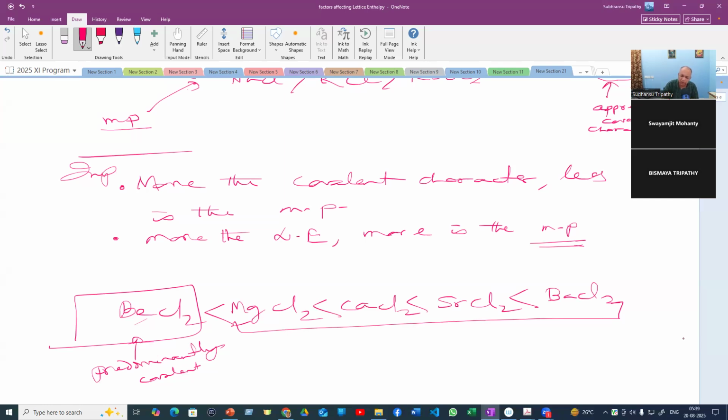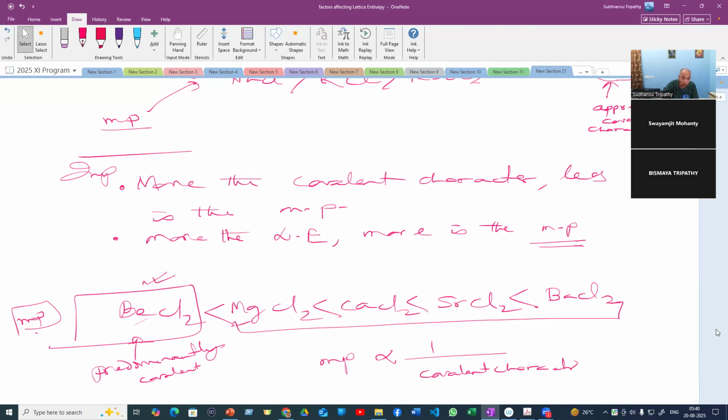Water has a strong hydrogen bonding interaction and its dielectric constant is high. And acetone has a poor dipole-dipole attraction, so it's less. So this melting point is here in this case inversely proportional to the covalent character. More the covalent character, less is the melting point.